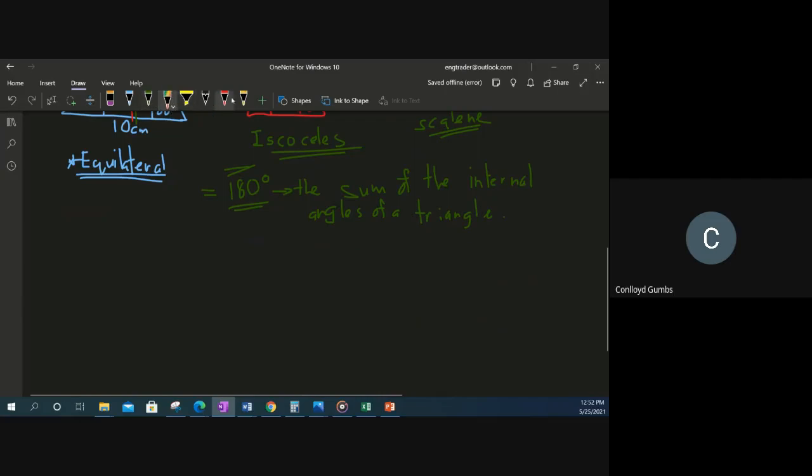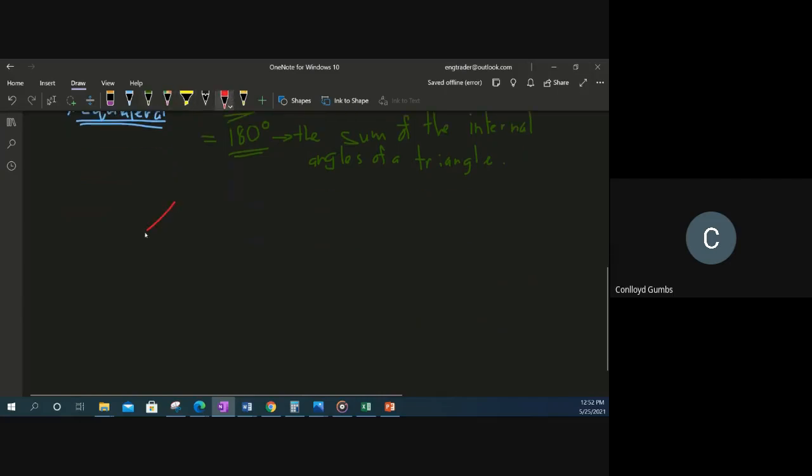So let's look at a triangle now. We have this triangle here. If I put two dashes here, I'm saying that two of these lines are equal to each other. If I have these now, I could say, let's put here 80.